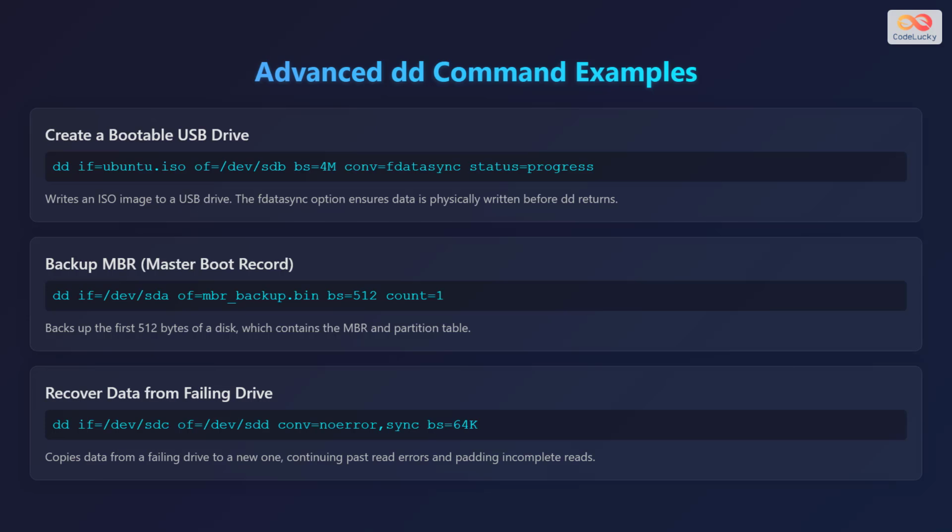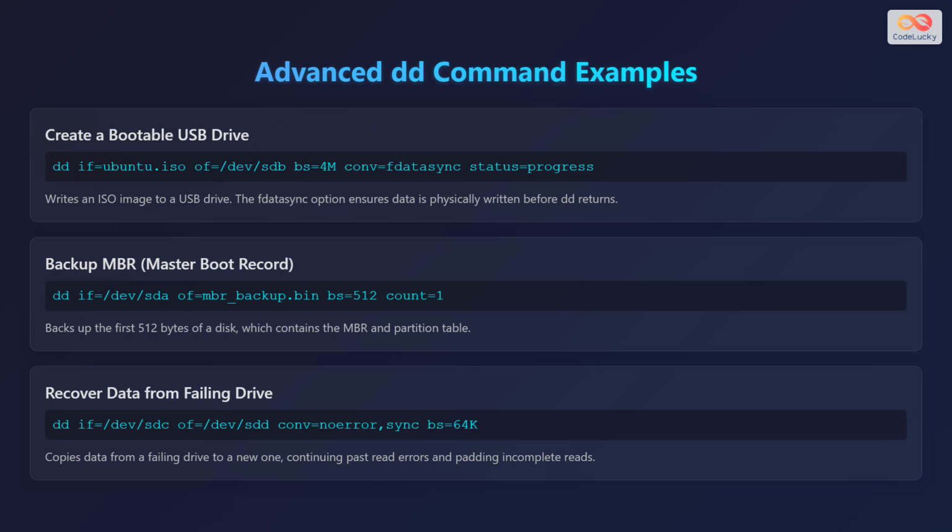To back up the master boot record, or MBR, you can use the command dd if=/dev/sda of=mbr_backup.bin bs=512 count=1. This backs up the first 512 bytes of a disk, which contains the MBR and partition table.